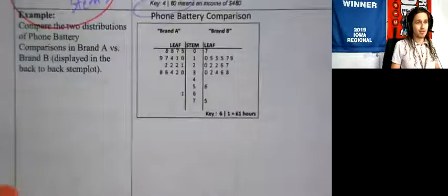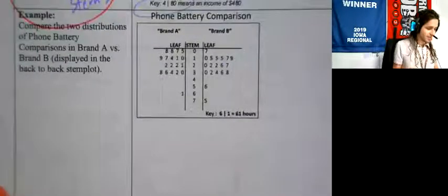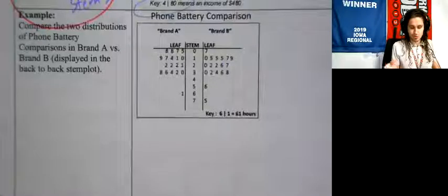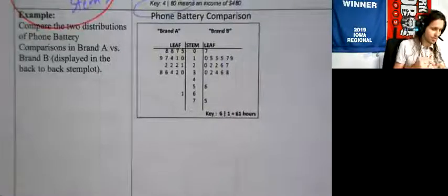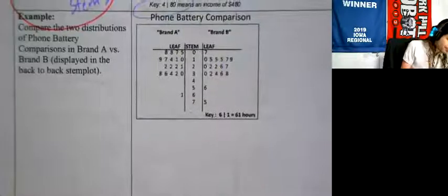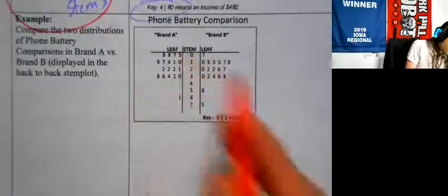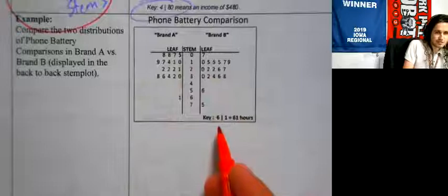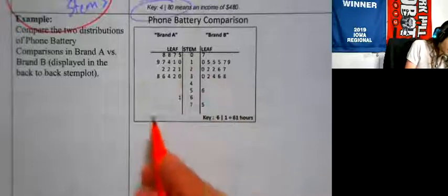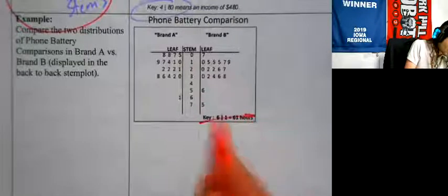Right. Okay. So take a look down below. Compare the two distributions of phone battery comparisons of brand A versus brand B. And this one is kind of goofy. I want you to do it, but a few things I want you to specifically note. This key, I don't think is sufficient. I think that key is wrong, in fact.